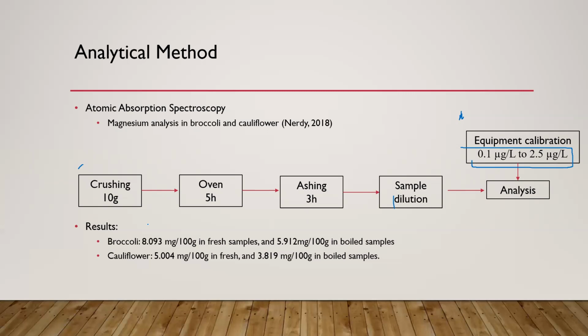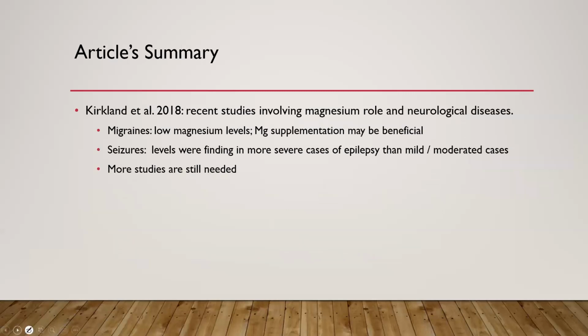It's expected to have a decrease of magnesium when you boil vegetables.